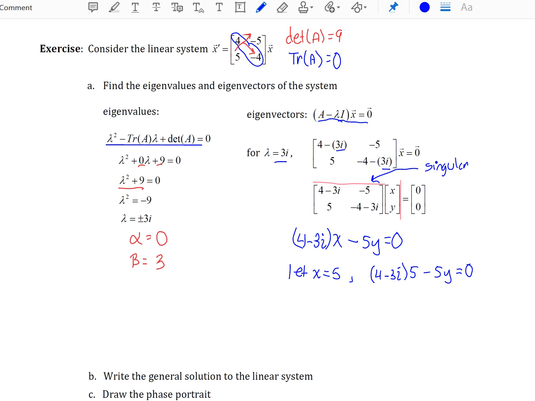Notice that we can factor out the 5 and then divide to get just 4 minus 3i minus y equals 0, or that y has to equal 4 minus 3i. This allows us to write our eigenvector x as a vector whose first component is 5 and whose second component is 4 minus 3i.